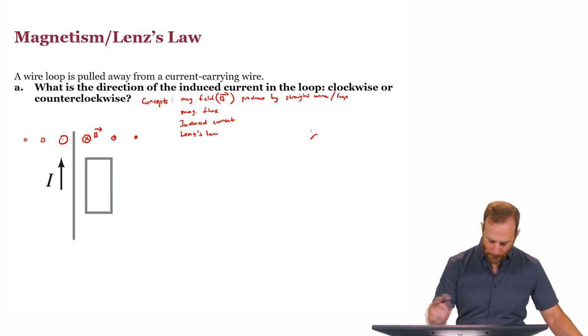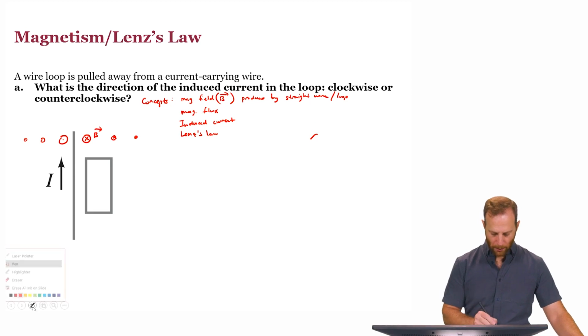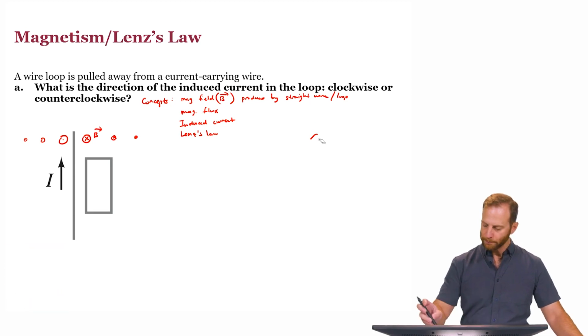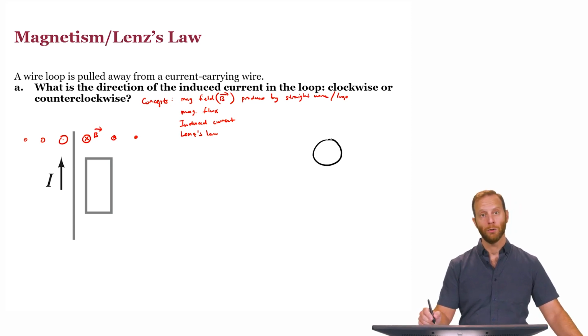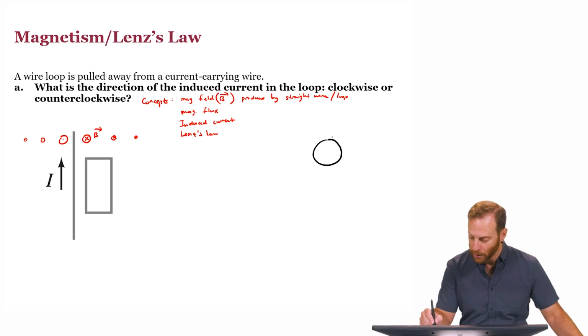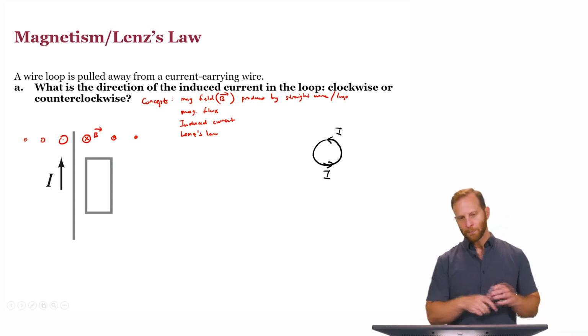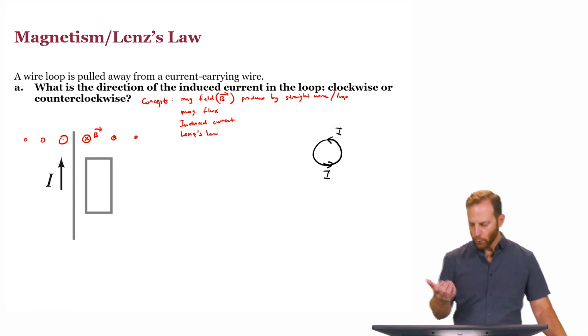So if you had a wire that had already some current flowing through it, and it looked something like this, what would the resulting magnetic field direction look like? So let's just, for sake of argument, think of it as if there is current flowing around this way, so counterclockwise. We could use our right-hand rule to figure this out.